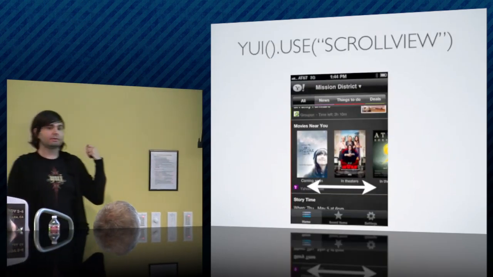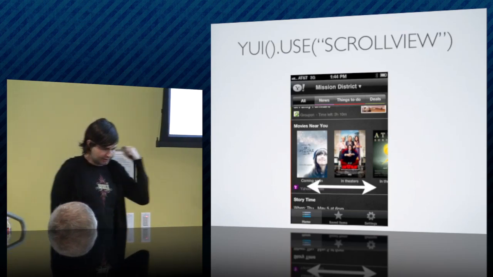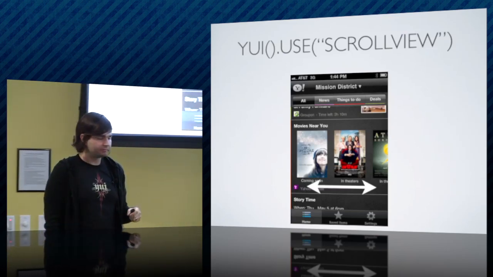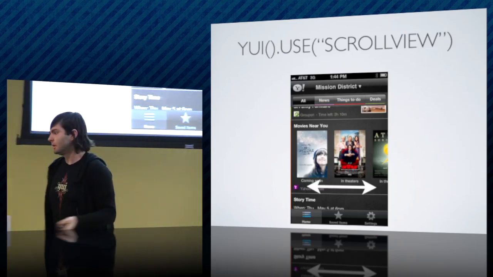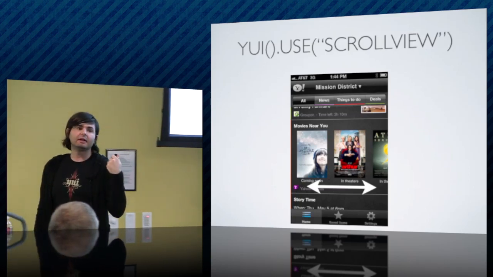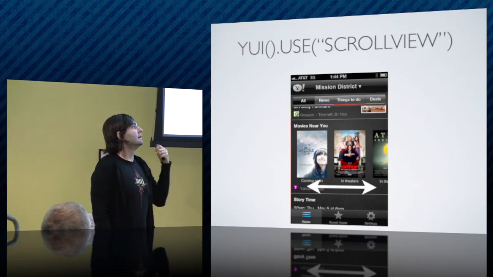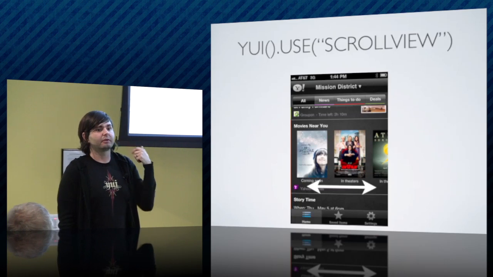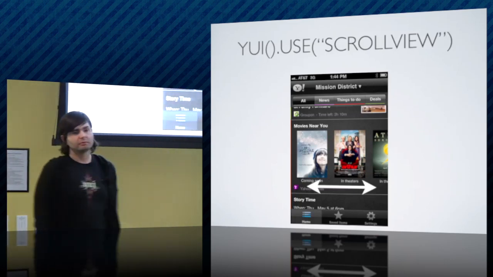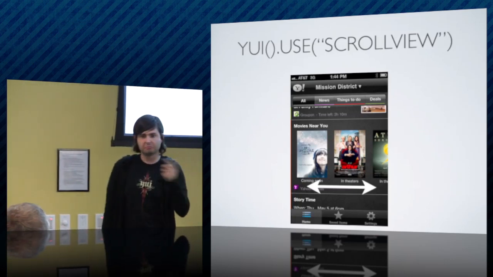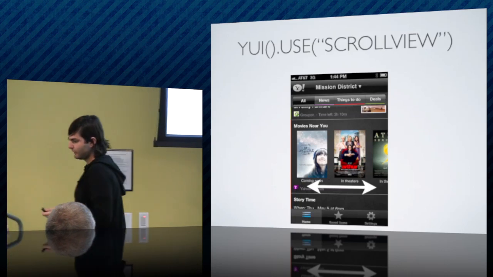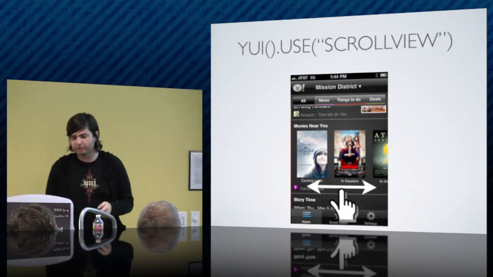We're also using scroll view. Like I showed earlier, that little carousel over there is using YUI scroll view. Really fast, even on low power devices like the iPhone 3G. We loaded it with a bunch of movies, and it was no problem.